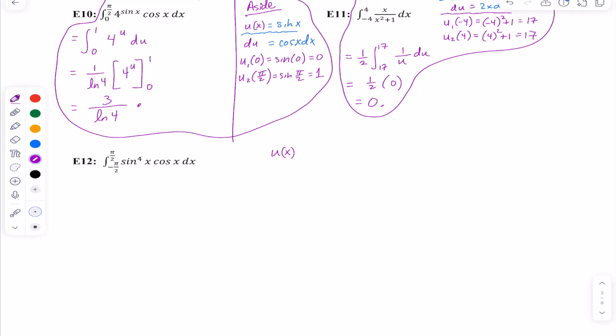Let's let u of x equal sine of x. Write your equation of differentials. And proceed to find u1 and u2.